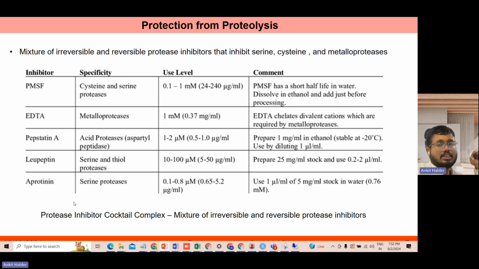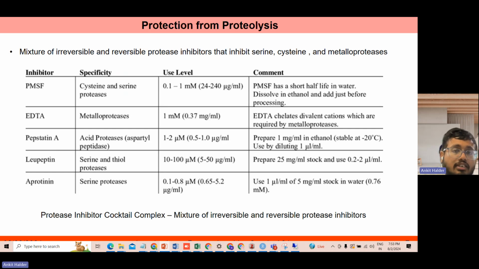But if we need to curb down the proteases, the protease inhibitor cocktail complex, or the PIC, is generally used to help the sample so that there is no degradation of proteins by proteases. Whatever we have extracted can then be used effectively and efficiently for any kind of further downstream analysis, whether identification or understanding the expression, that is up to you.